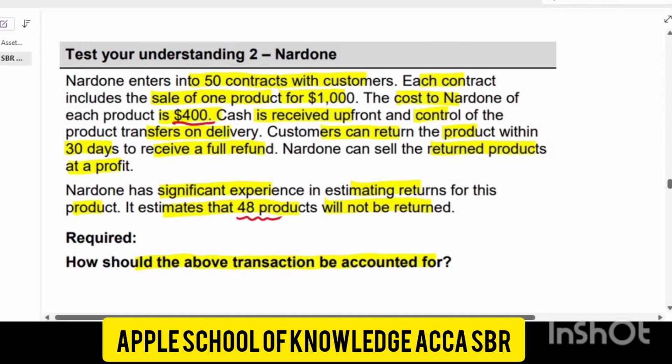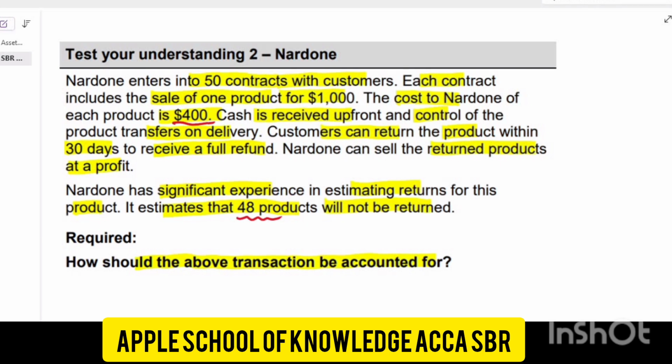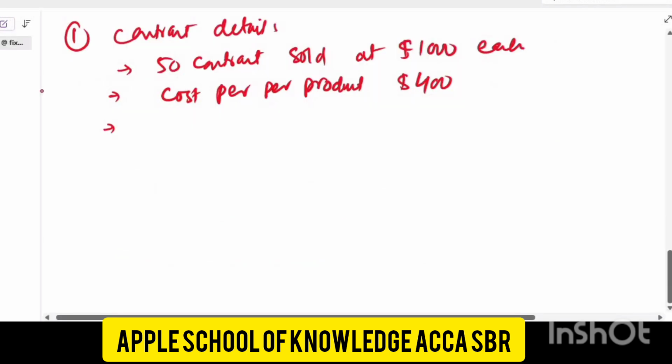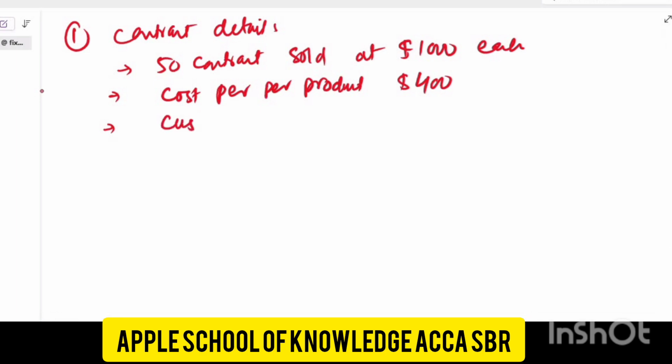The customer can return products within 30 days, and here we have the probability that 48 will not be returned. So this is the contract detail.